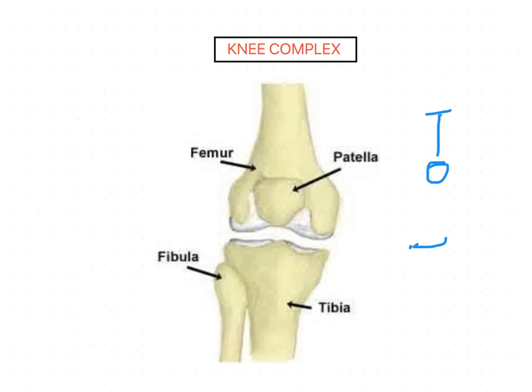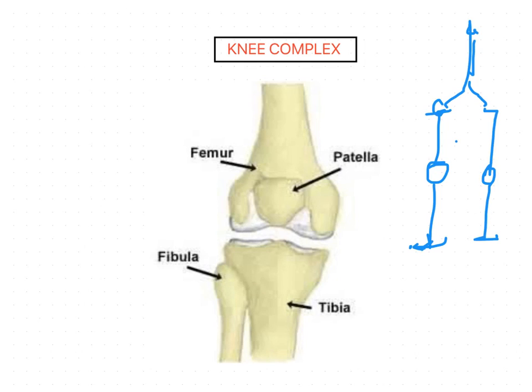So, for example, this one is the lower limb. In the closed kinematic chain, it works in conjunction with the hip joint as well as the ankle joint to support the body weight in static erect posture. Yes, this is the closed kinematic chain.